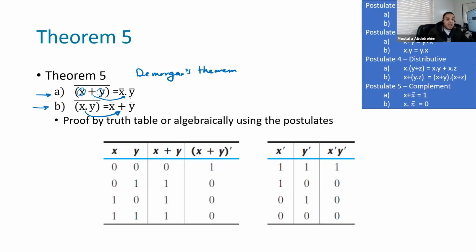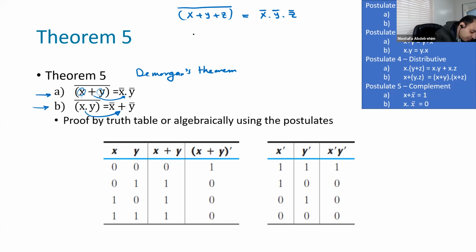And this basically can be done for more than two variables. So let's say we have z. So x or y or z complement for the whole is actually equal to, just convert the OR into AND, x dot y dot z, and distribute the bar, the complement, over all the variables.